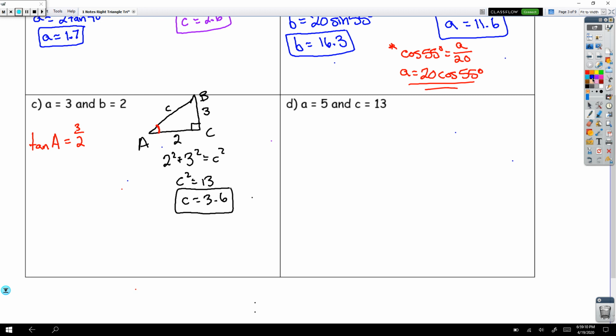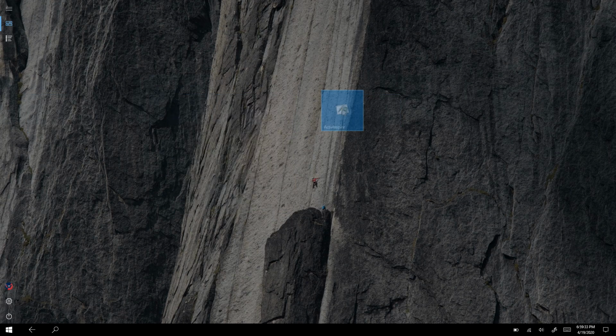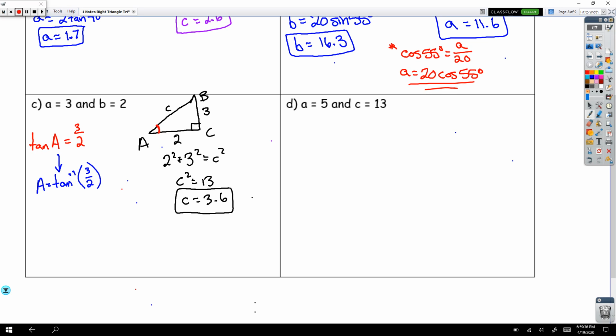So this is where inverse trig comes in. So if I want to find what A equals, I'm going to do the inverse of tangent and plug that into the calculator. So plugging all that into the calculator, we get A equaling 56.3 degrees.